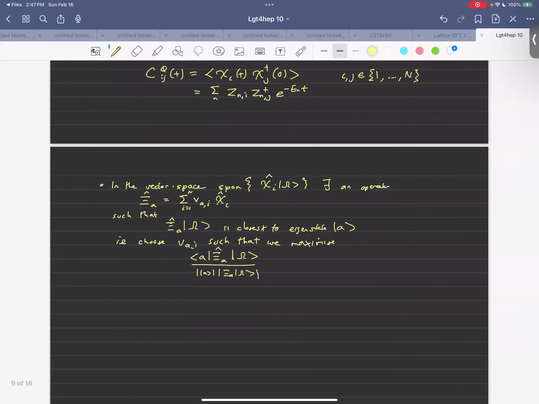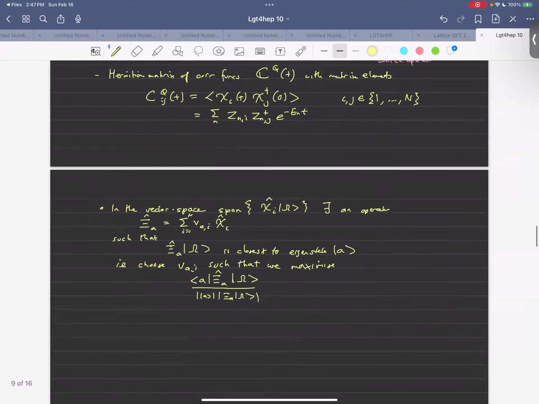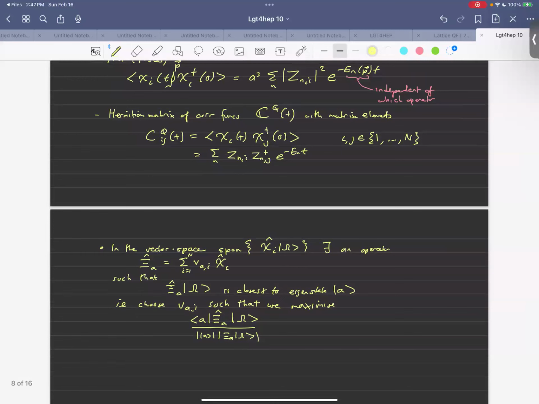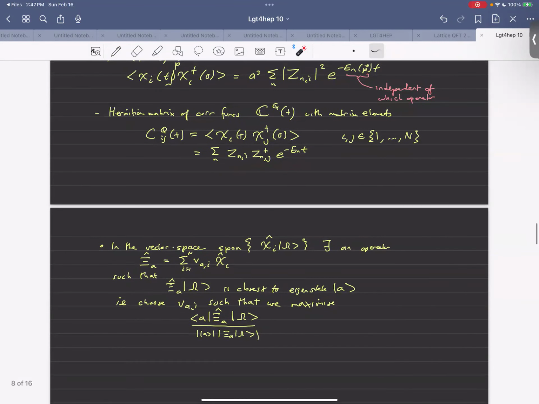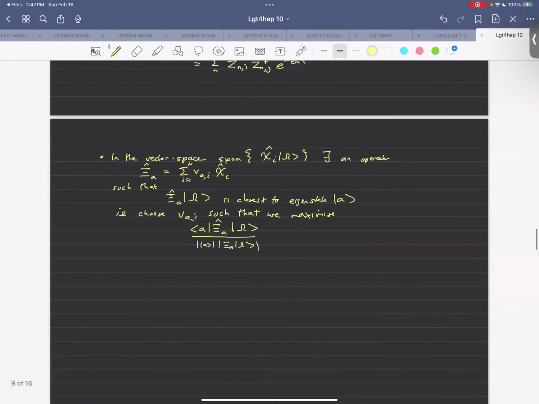Okay, so you're really trying to choose the linear combination of the operators in our set that gives us the best approximation to a given eigenstate. And so this is really equivalent to trying to reduce the contaminating exponentials in, for example, this sum here, right?